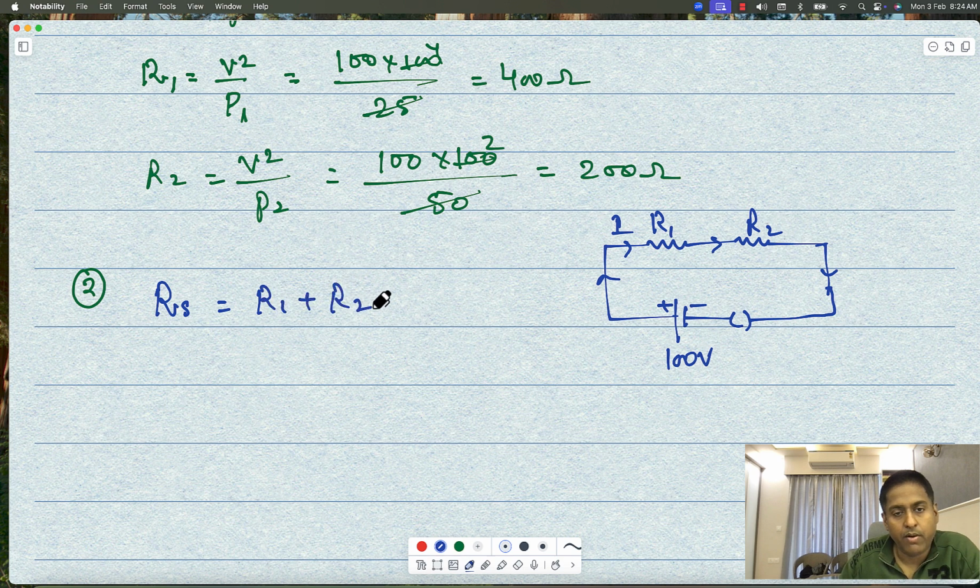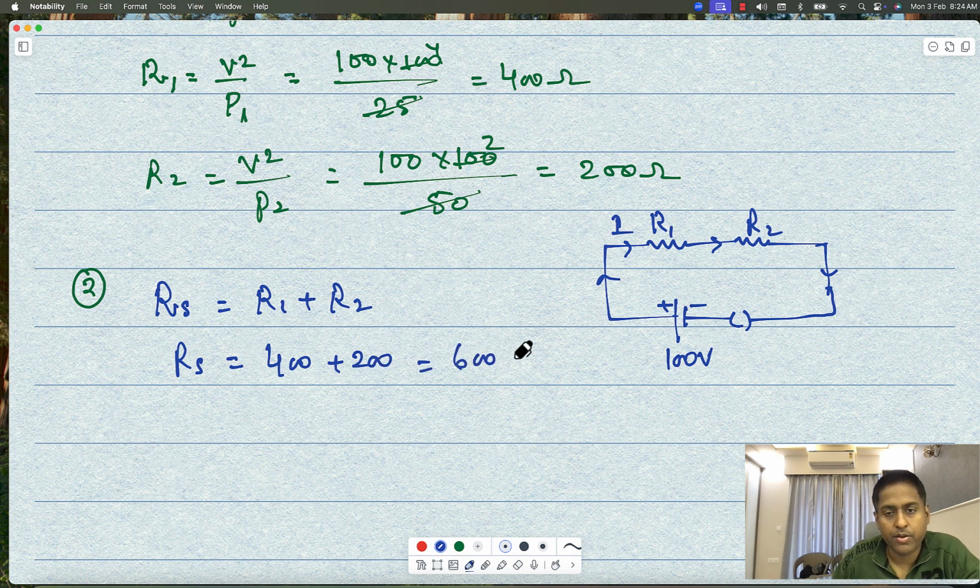Always write the formula first, then substitute the values. Otherwise, in the CBSE board, you may lose some marks. This is 400 ohm and this is 200 ohm, so you get 600 ohm as the total resistance of the two bulbs in the circuit.